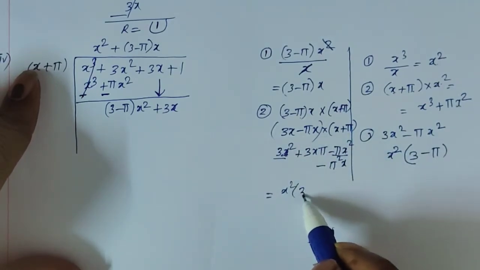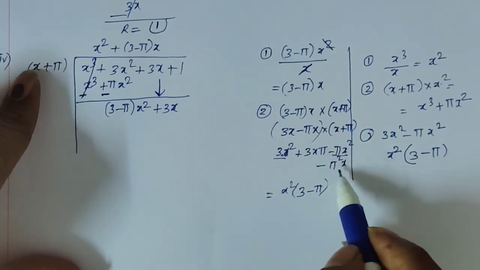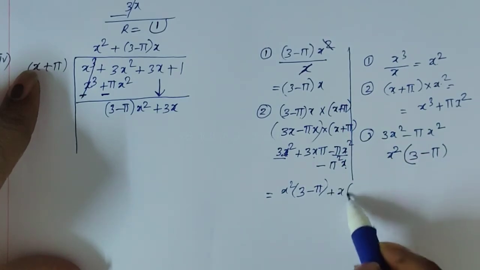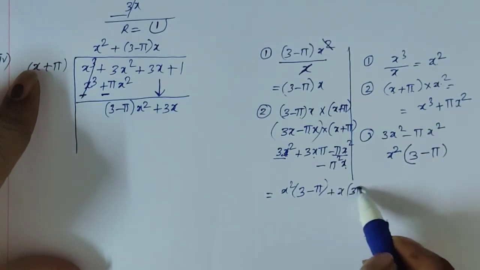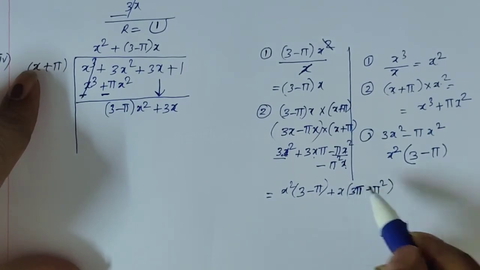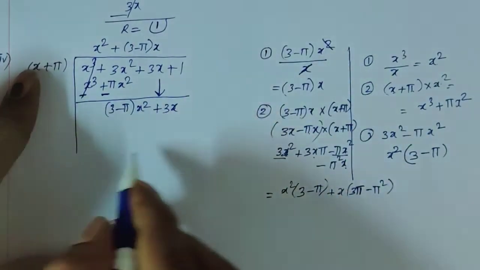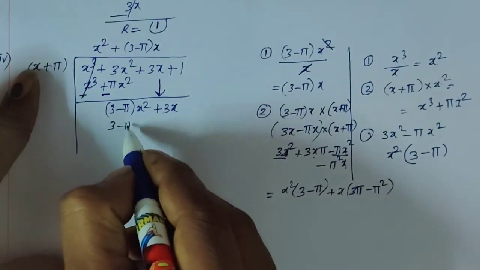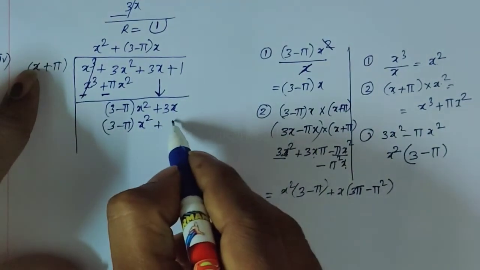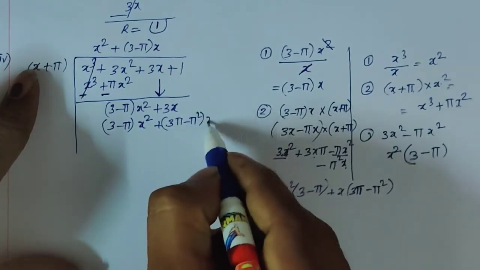You will get 3 here, and here you will get minus pi. In the remaining two terms x is common, so take x common, you will get 3 pi minus pi square. So this you got. Write this just below it: 3 minus pi into x square plus 3 pi minus pi square into x.